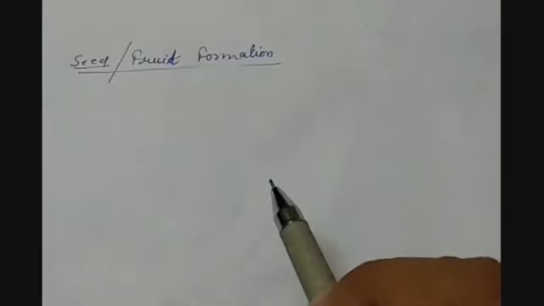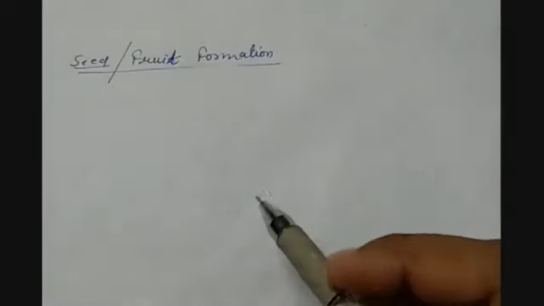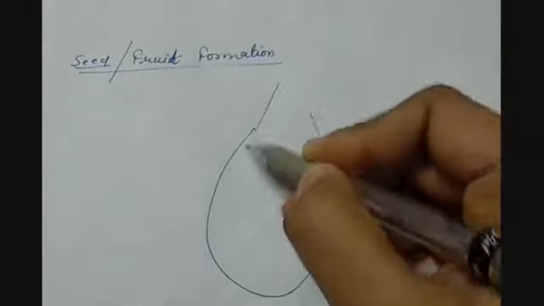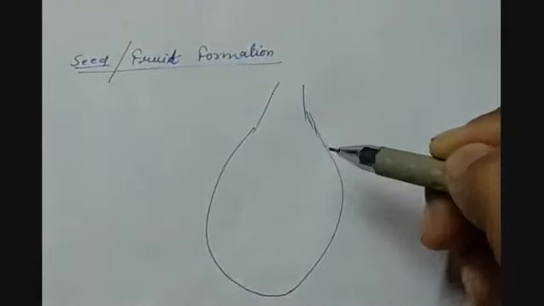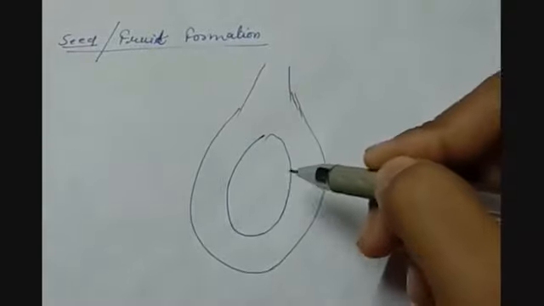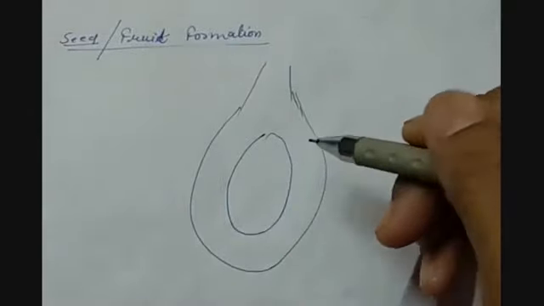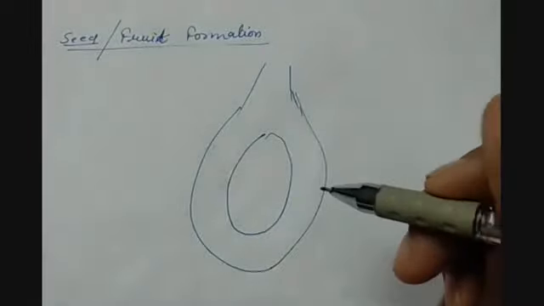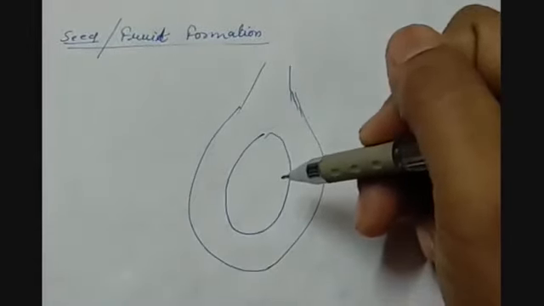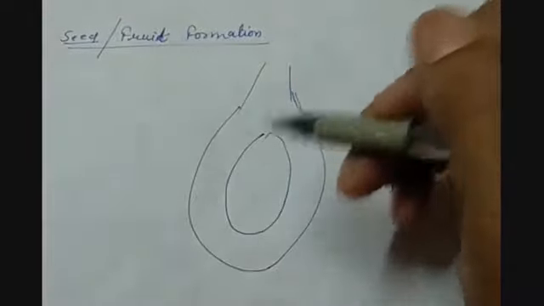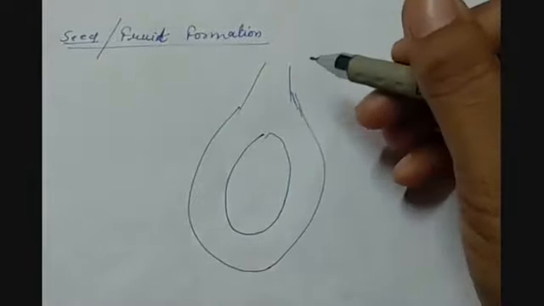The last step is seed and fruit formation. We have the ovary where the reproduction is taking place inside a flower, and we have an ovule. Remember, one ovary of the flower can have a single ovule or it can have multiple ovules. Accordingly, either a single zygote will be produced, or in different ovules, multiple zygotes will be produced.